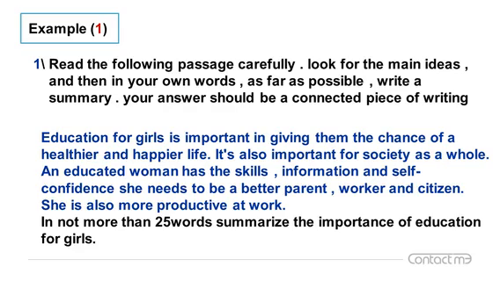She is also more productive at work. Now read the questions. In not more than 25 words, summarize the importance of education for girls. Your first task is to underline the key sentence, any sentence that gives the answer to your questions.